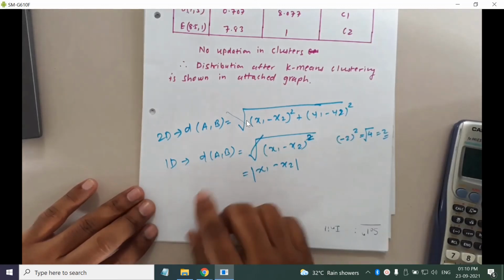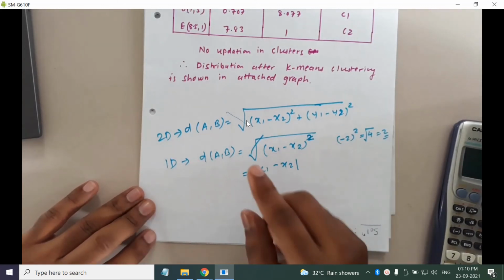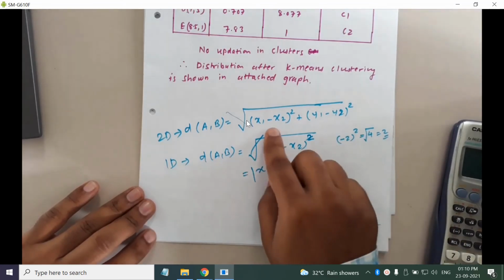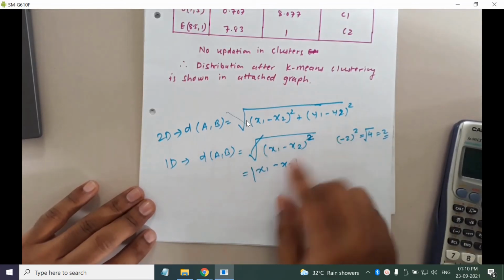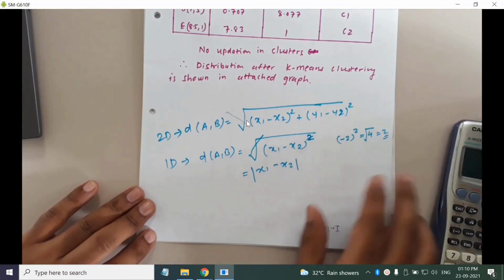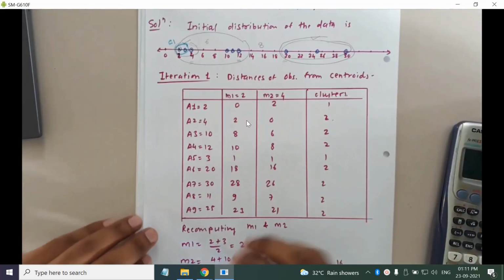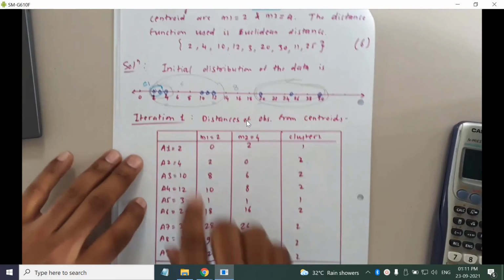For 1D you will have only one coordinate, so square root and square will cancel out, and you have to take a mod, because we are interested in the distance value.